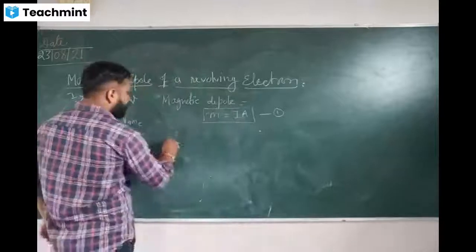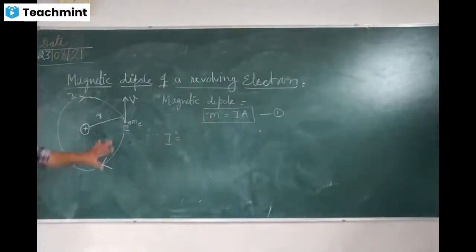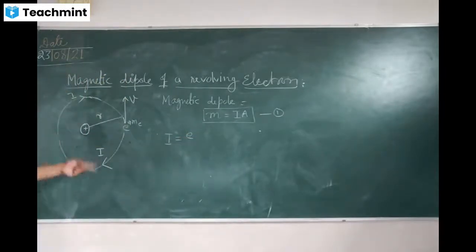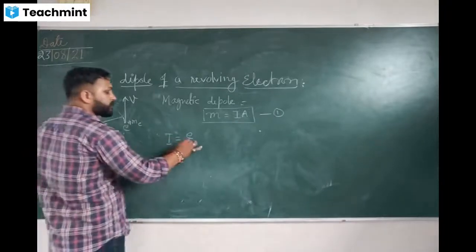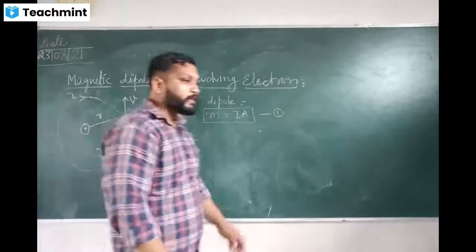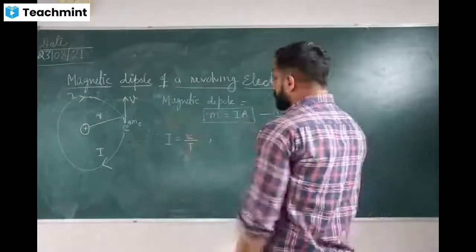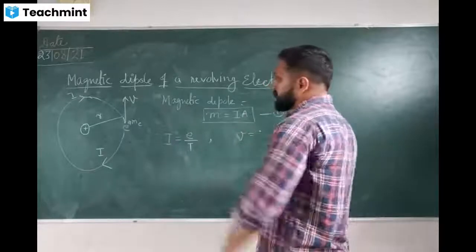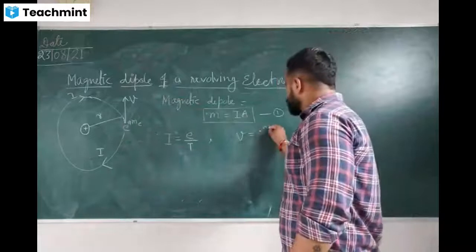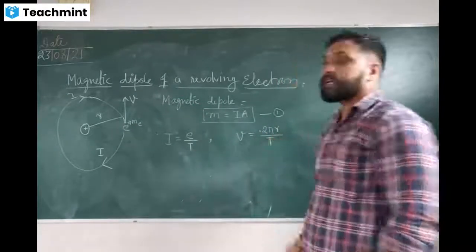Now we know that current equals charge upon time, current equals charge per unit time. Here the electron is completing a complete cycle, so we'll take the time period T. Current is equal to e upon T. Now the charge is moving with the velocity v in a circular path whose radius is r. So velocity equals distance upon time period.